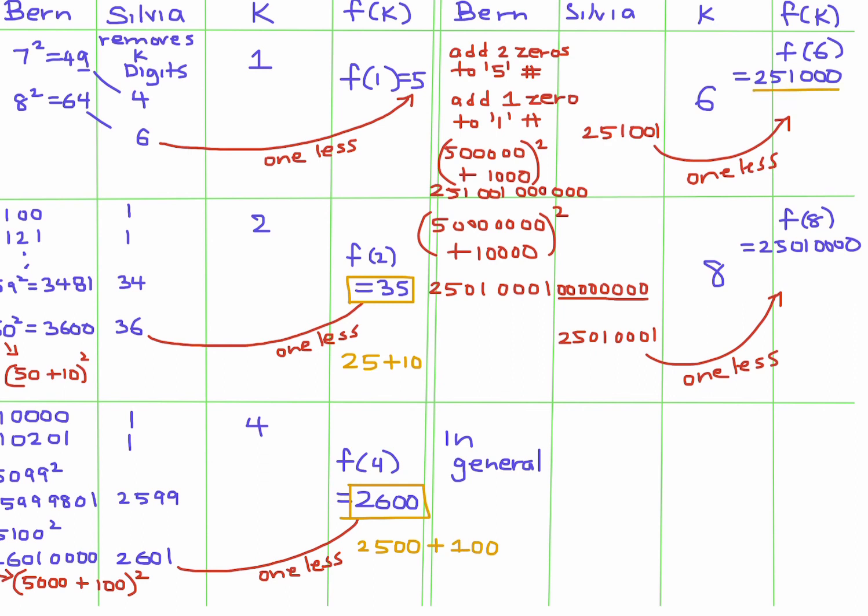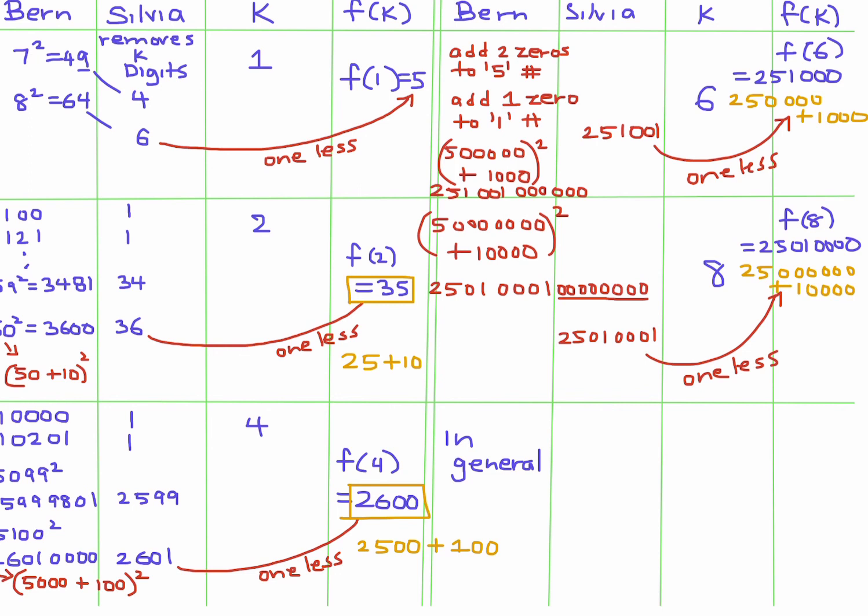The next one was this guy, 251,000. That can be written as 250,000 plus 1,000. And then this guy here can be written as 250, how many? 6 zeros, right? 1, 2, 3, 4, 5, 6 plus 10,000.